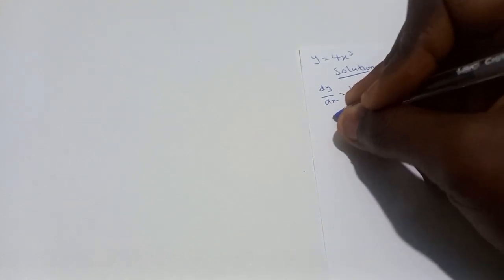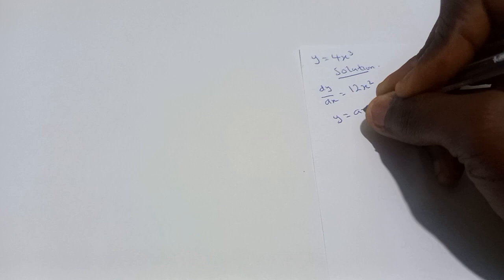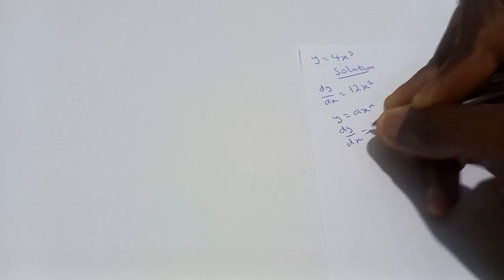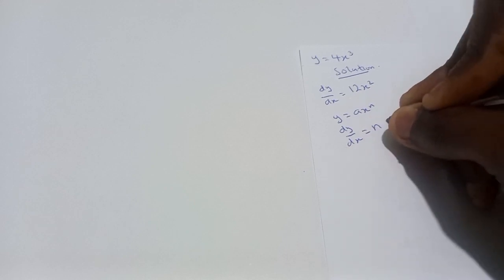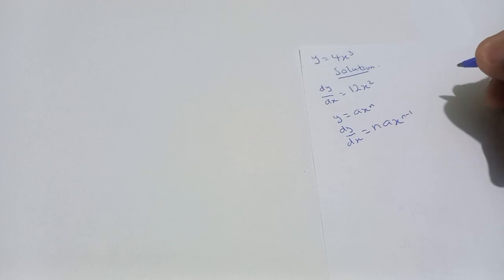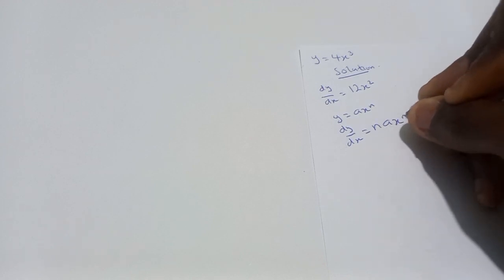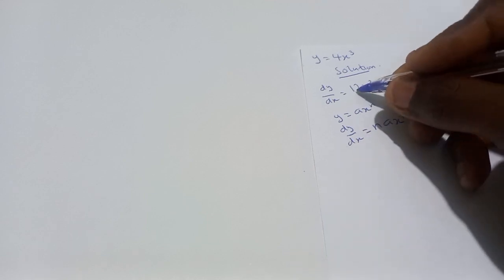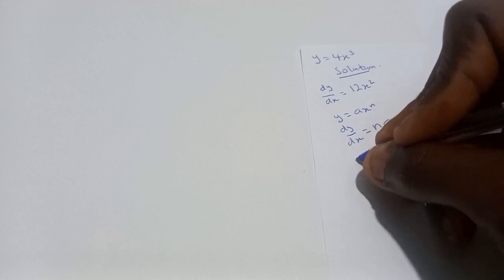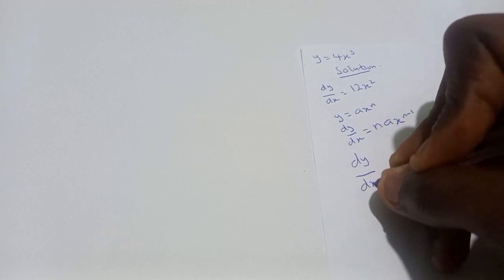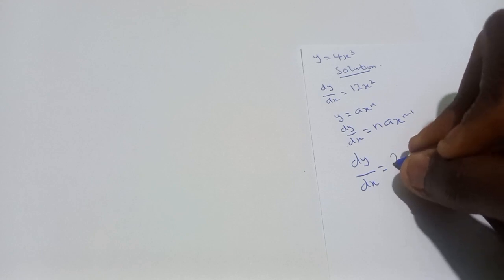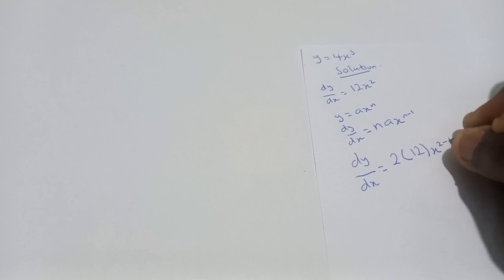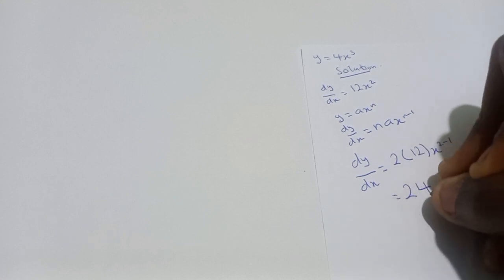We know that y is equal to ax^n, and when differentiating, we have it to be nax^(n-1). This exponent is the power. Are you getting it? So then we know that 2 here is the n, and a here is the 12. So let's follow this pattern. n is what? 2. a is what? 12. x^(n-1) is what? x^(2-1). That would be 24x.